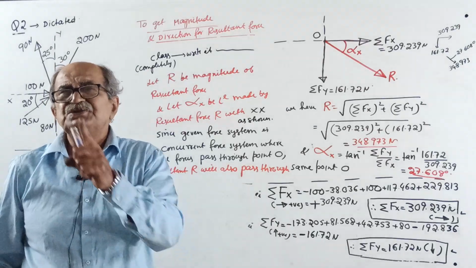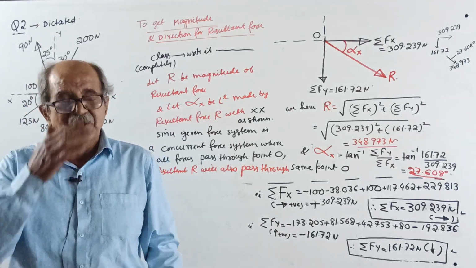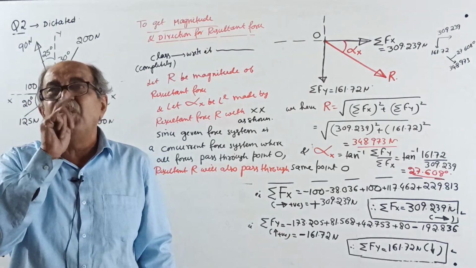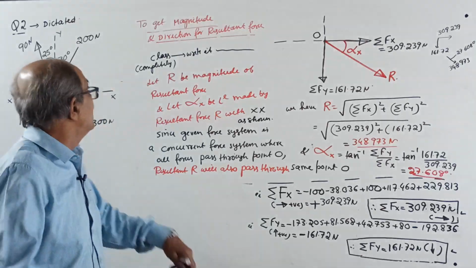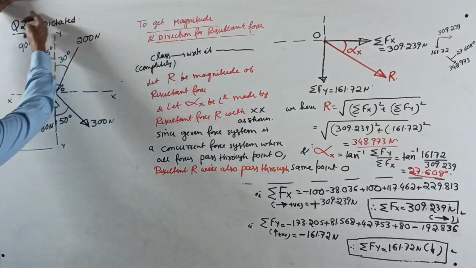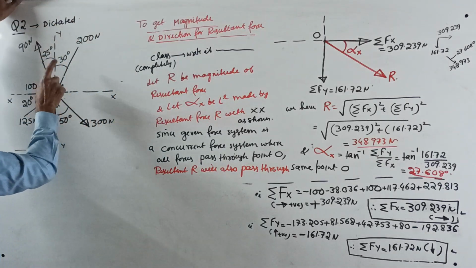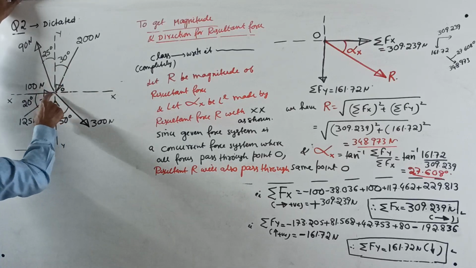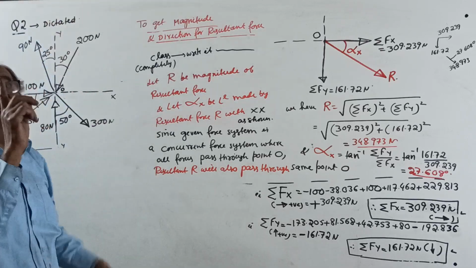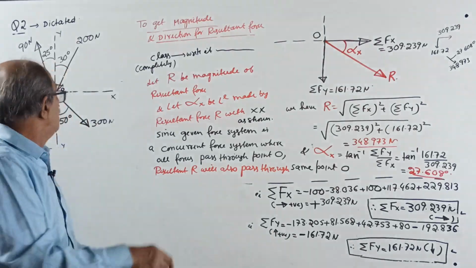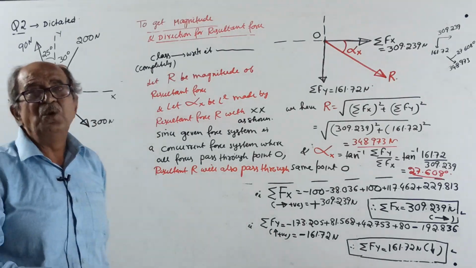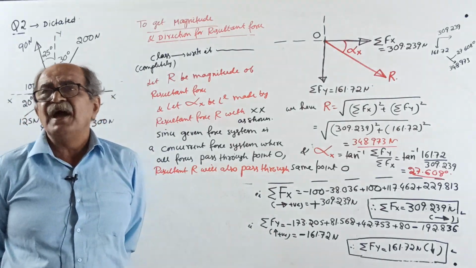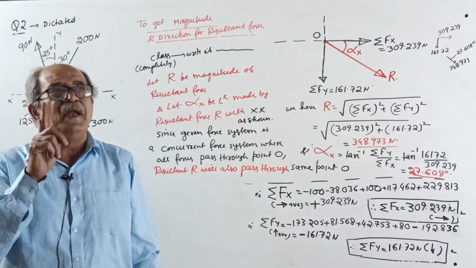You need just one point in that line. All the forces are passing through O, so the resultant has to pass through the point O. Therefore, one guaranteed point is known for us: O. That's all. To locate a line of action, you need only one point.